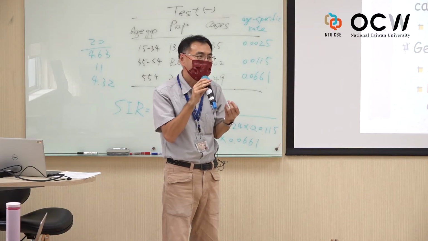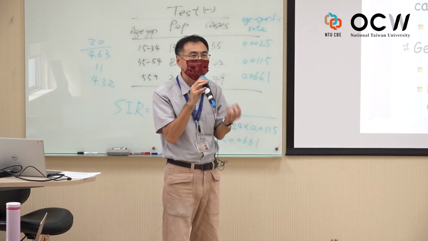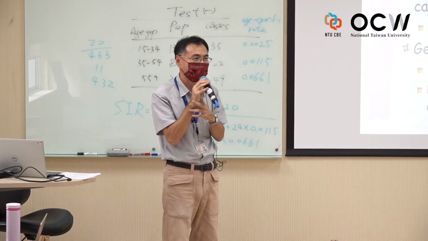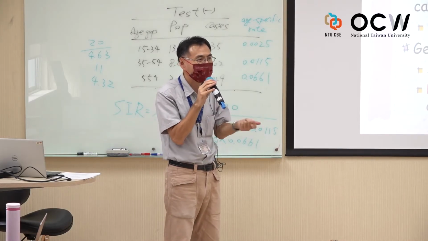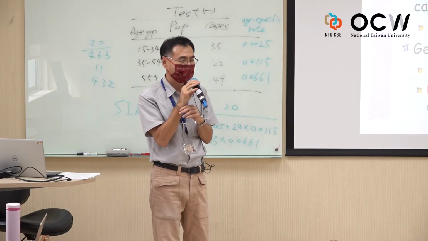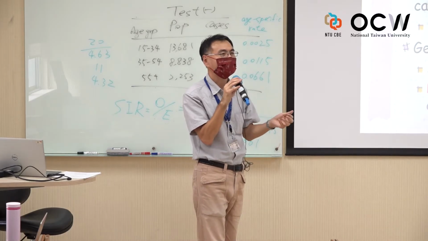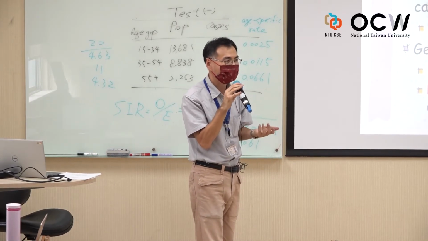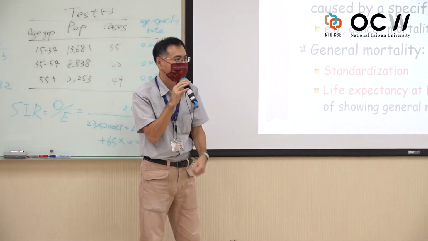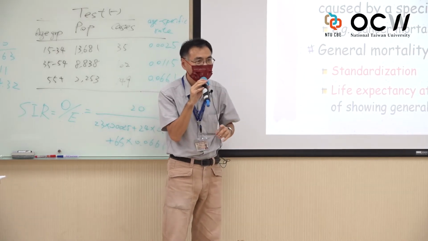In the target population, the population we're performing our study on, we could do the measurement we want, or collect the information as we wish. If we need age, gender, occupation, and so on, we could have everything. But you need to have the same information from the standard population to do the standardization. So that's why one of the limitations of standardization is the availability of the information from the standard population.